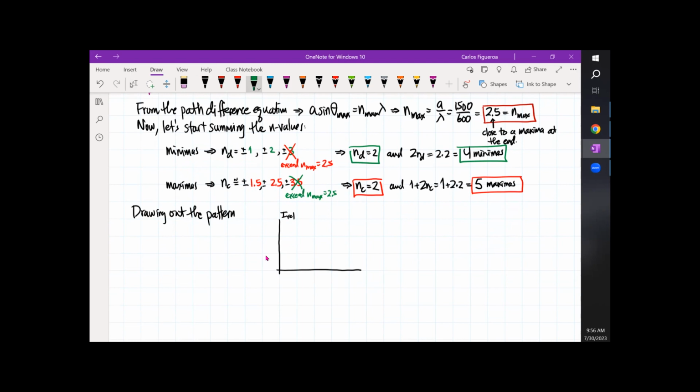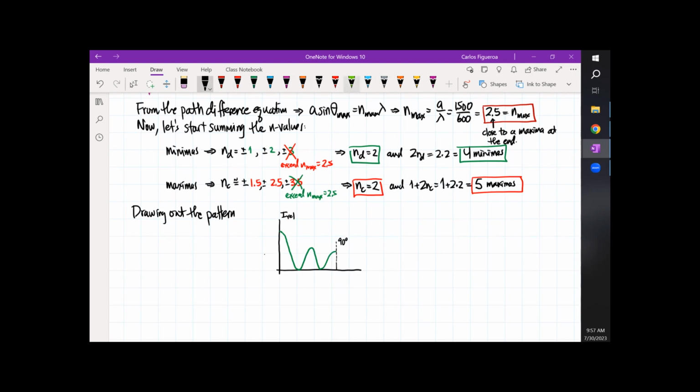So I go 1 minima, 2 minimas, and then I stop right there. What you're seeing here is that this is close to 2.5.